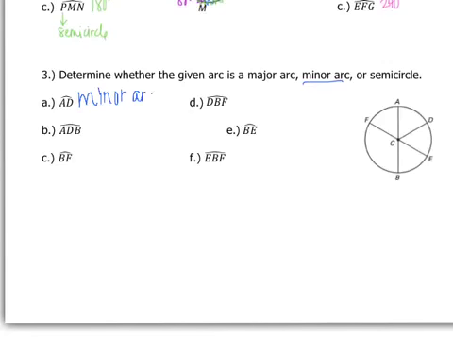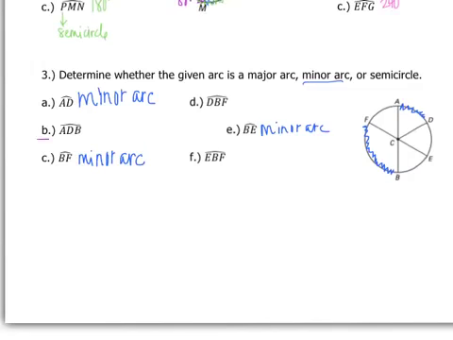And if you want to double check in your picture, arc AD is definitely smaller than 180 degrees. Same thing with BF. If it's named with just 2 letters, that has to be a minor arc. BF in your picture is definitely smaller than a semicircle. And finally, arc BE, named with 2 letters, has to be a minor arc. All right, so we have the 3 minor arcs.